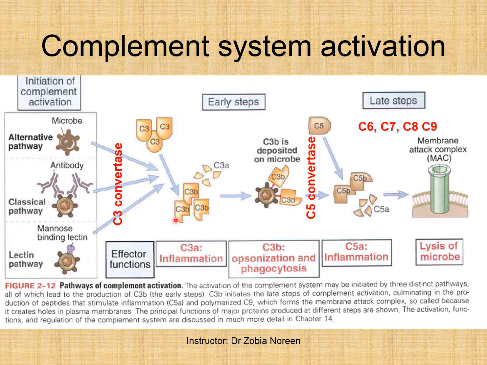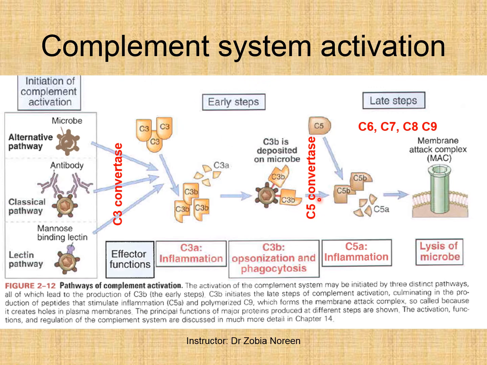The larger subunit, that is C3b, attaches covalently to the microbial surface where the complement pathway was activated. So this C3b acts as an opsonin to promote phagocytosis of the microbe. The C3b also has the ability to bind to other complement proteins to form a protease called C5 convertase.